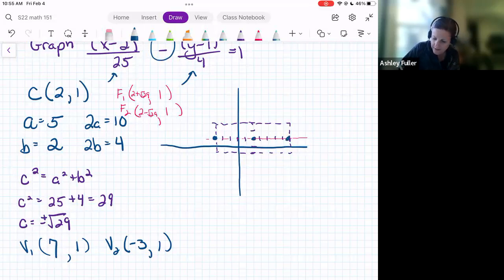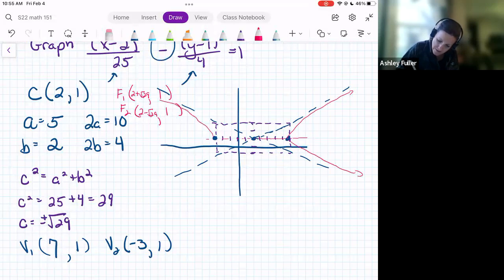And then if we estimate those asymptotes, we can see, again, these approach those lines. And this is roughly what our hyperbola will look like.